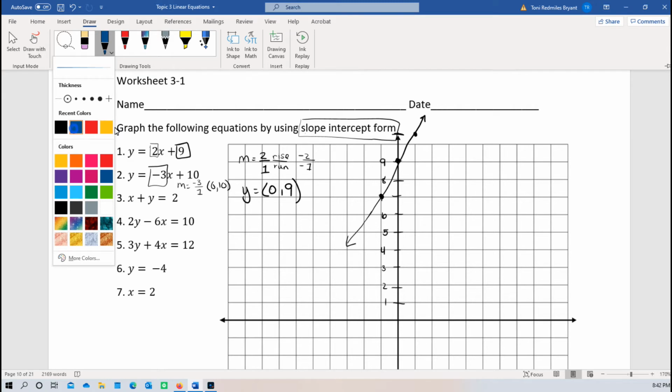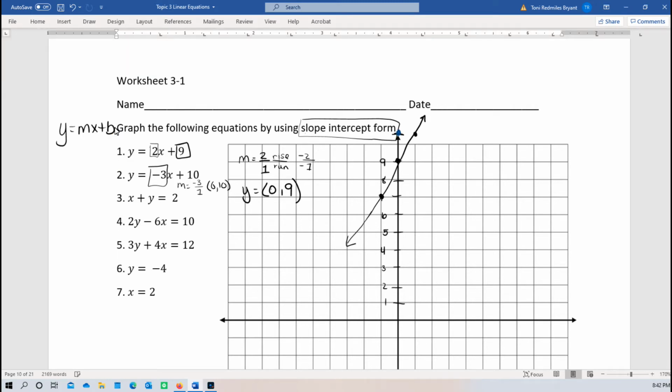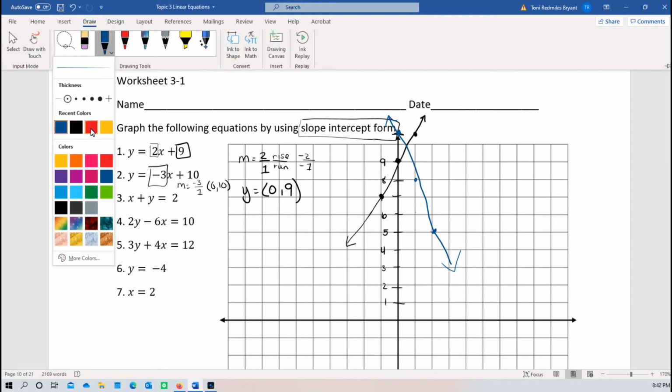So I'm going to put in that imaginary point, but luckily I get to go down 3 and over 1, down 3 and over 1, and there's my line. Imagine these lines are straight. I'm just not very good at drawing straight lines.